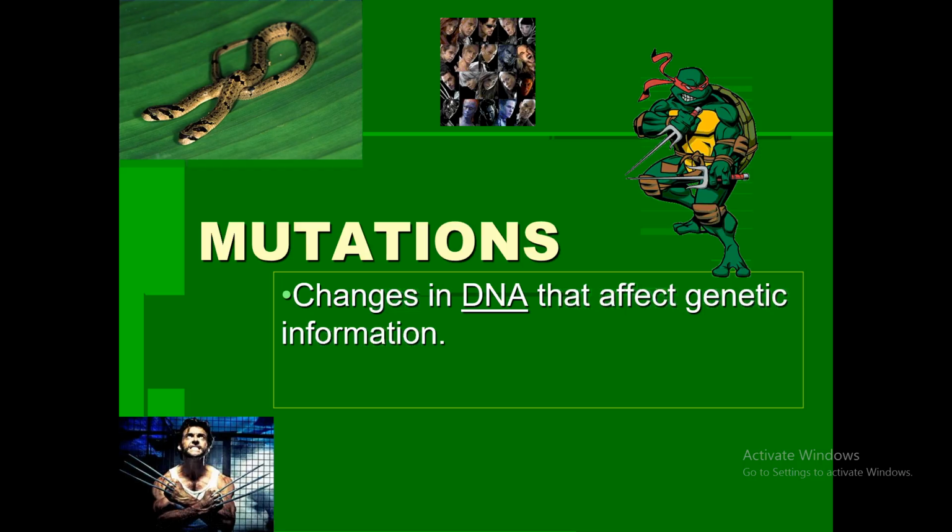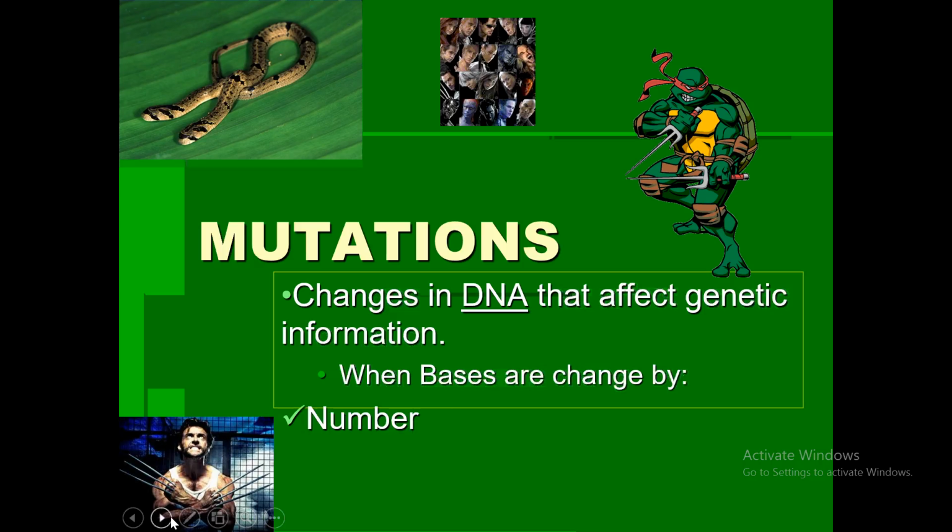Alright. Mutations are when bases are changed, and they're changed by the number of bases. So if the original strand has 12 bases, and the number of bases change when they're copying, and now you have 13, that's going to be a mutation.